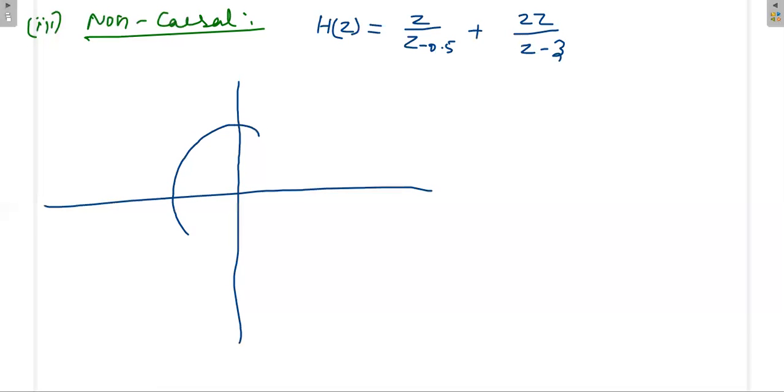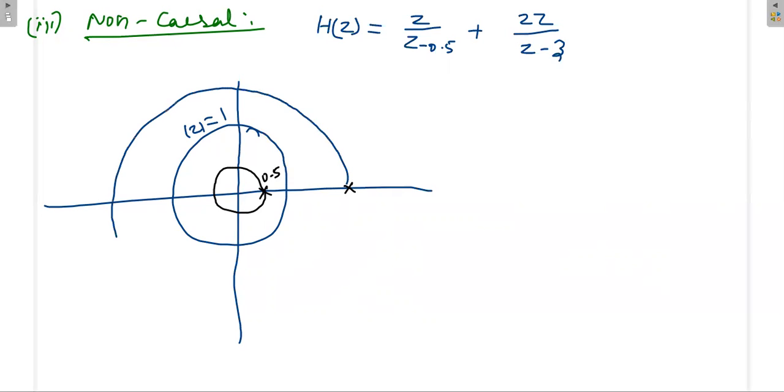A reference circle with mod z equal to 1. One pole at 0.5, another pole at 3. Again, we will draw the circle with mod z equal to 3.